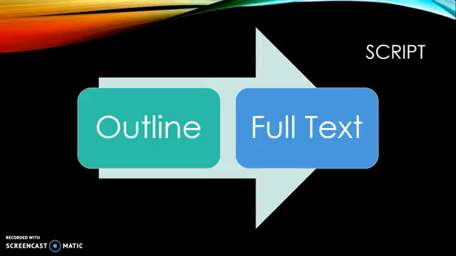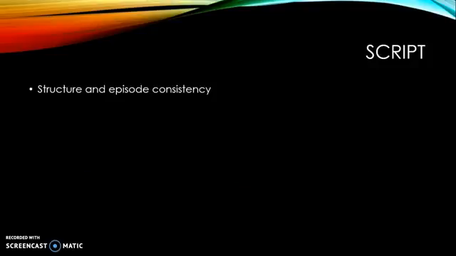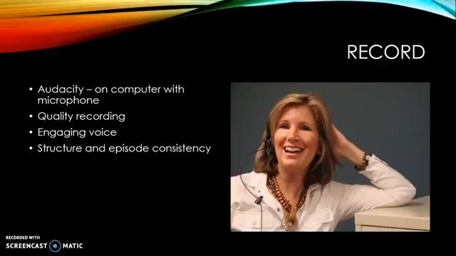Although don't make it sound like you're just reading it. That's kind of a tough thing. As you review podcasts, you'll realize that you want an engaging voice, and most of them are probably not fully scripted out. But you do want to start with an outline, fill in the text a little bit more, what you'll say. And then you want to make sure that there is episode consistency from one episode to the other.